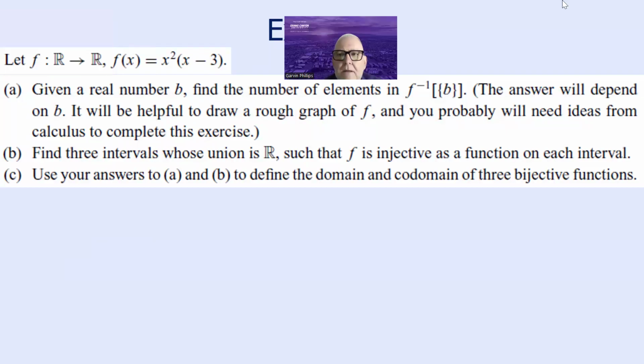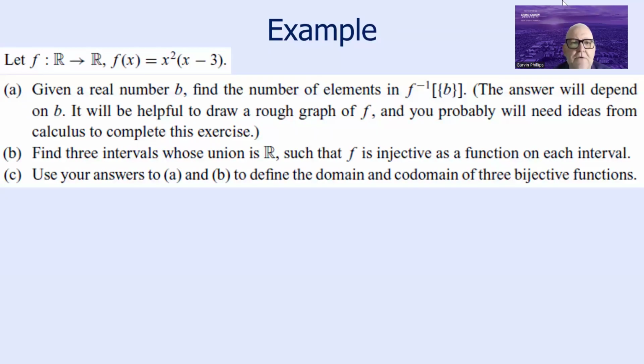Okay. So this is on the reals. Given this function, x squared times the quantity of x minus 3, given a real number b, find the number of elements in the inverse of the set b, and the answer is going to depend on b. So you may want to draw a rough graph of this function. You'll probably need ideas from calculus to complete this exercise.